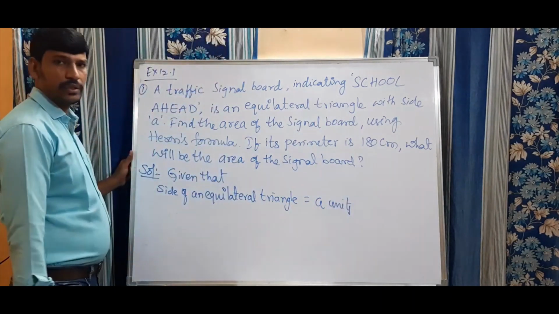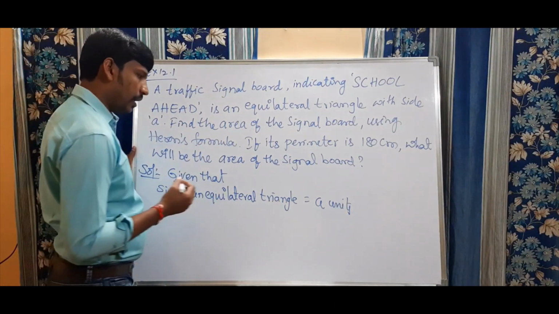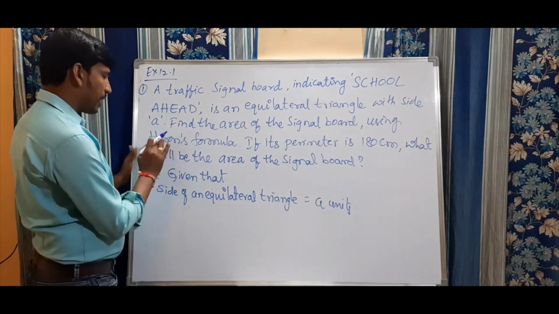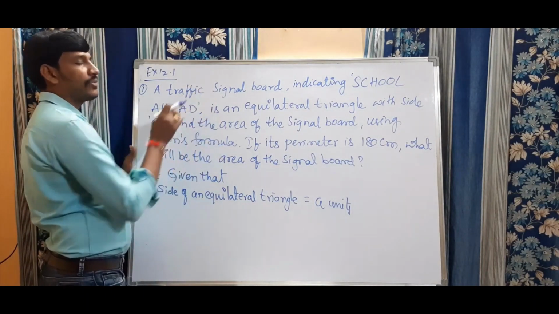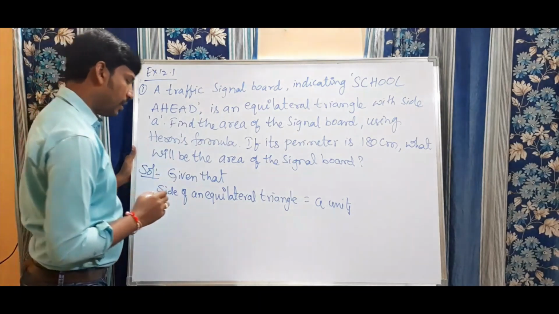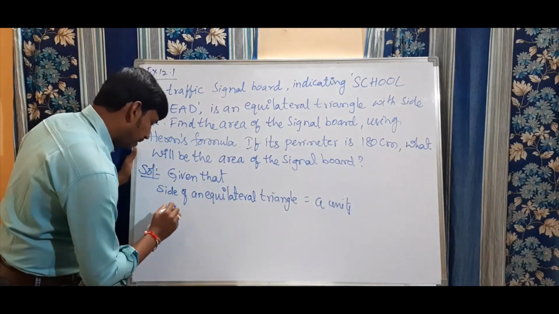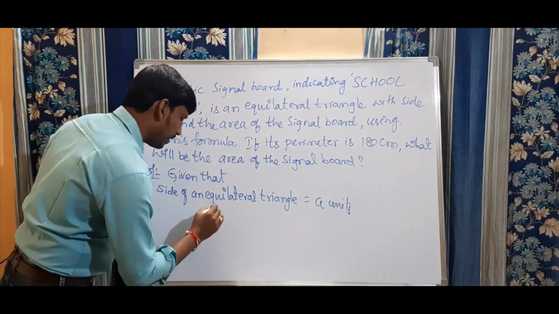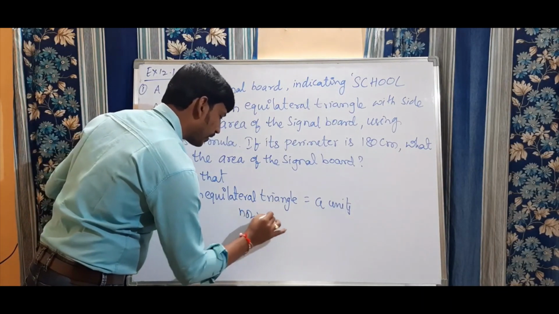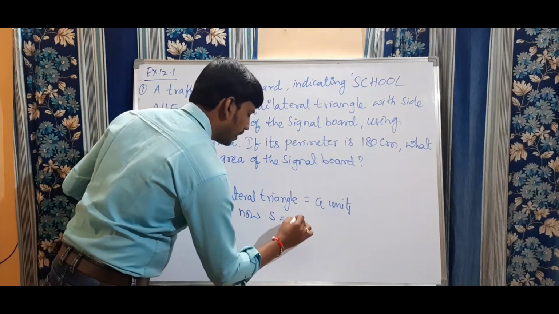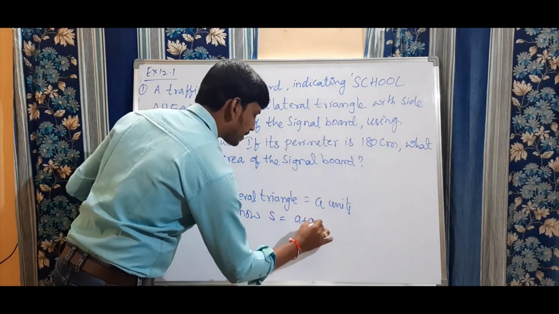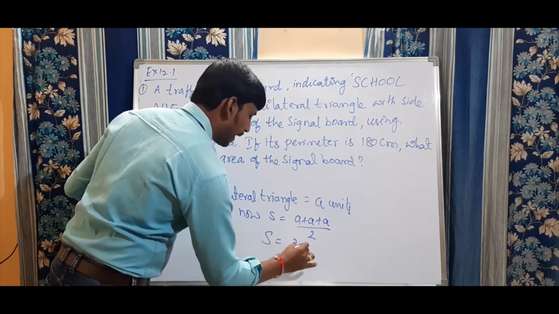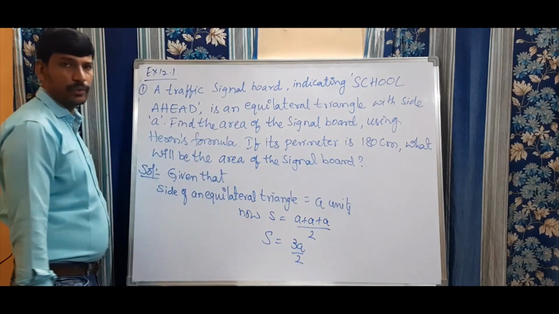Then, if this is a units, you need to find the s value, because by using Heron's formula we are going to find the area of the signal board. Here we are going to find the semi-perimeter. Now, s is equal to the sum of all the sides, that is a plus a plus a by 2. s is equal to 3a by 2. So we got the s value.